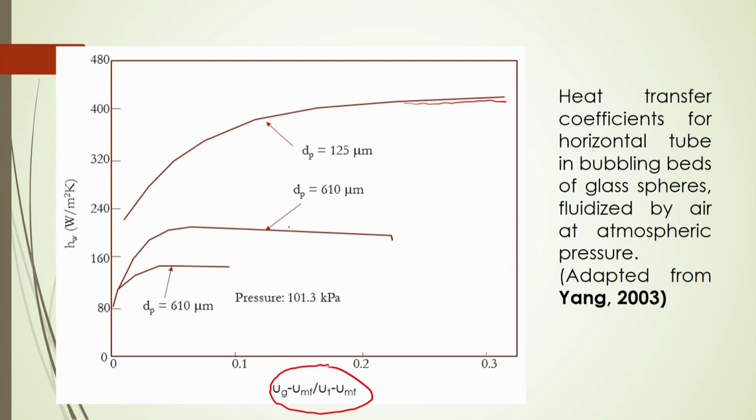Here again the same trend comes. With this value the heat transfer coefficient increases and then comes to saturation, with no further increase. Whereas, the heat transfer coefficient will increase with decreasing particle diameter because of the surface area.